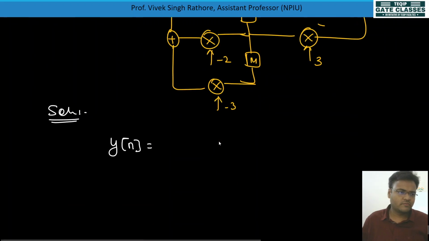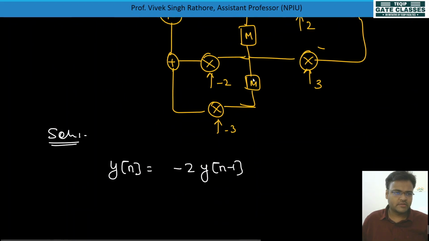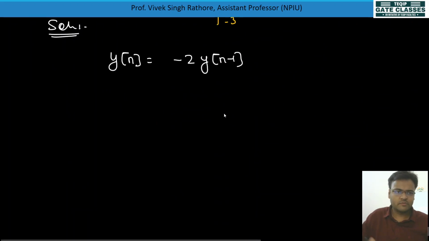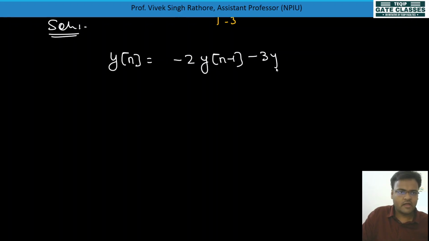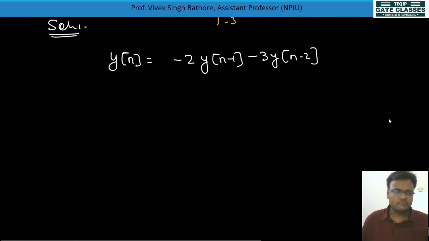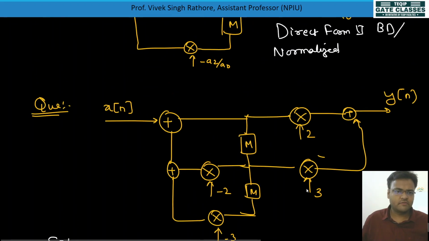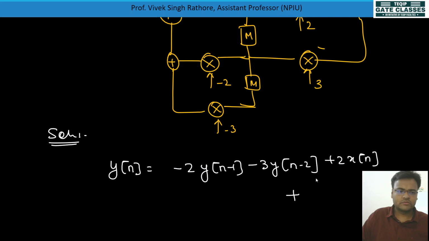So we can write minus 2 y of n minus 1, and here minus 3 y of n minus 2 will be there. Now here it will go on, so plus 2 of x of n will be there. And plus, if you see x of n minus 1, 3 x of n minus 1 will come here.